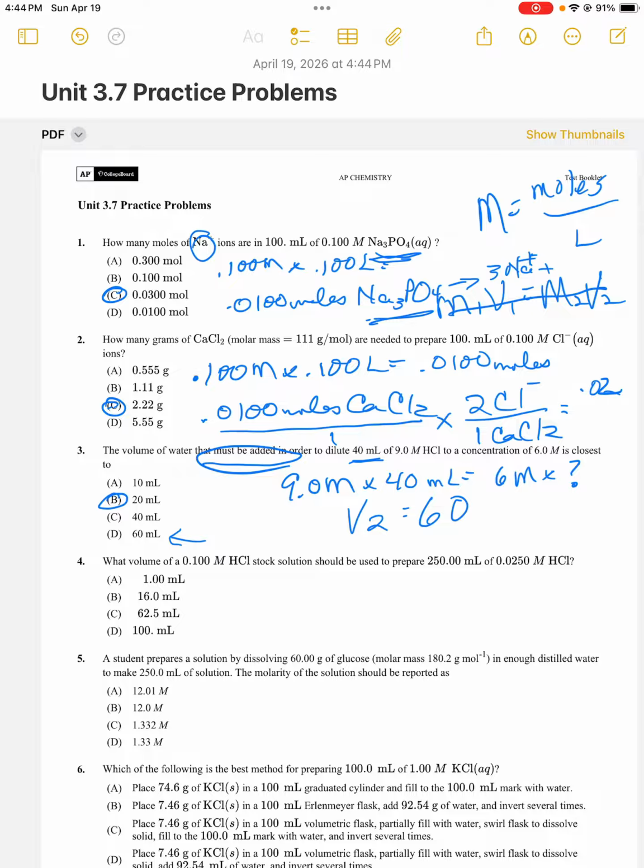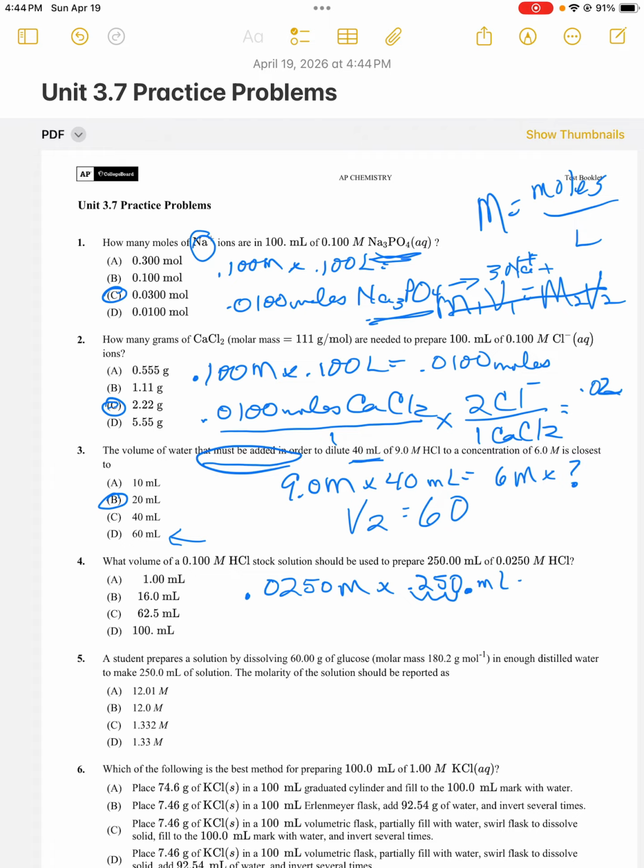What volume of 0.1 molar HCl stock solution should be used to prepare 250 milliliters of 0.025 molar? I can tell this is a fairly new question because you can't really do it very well without a calculator. I'm doing M1V1, so I can stay in milliliters.